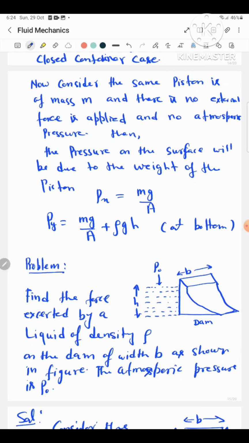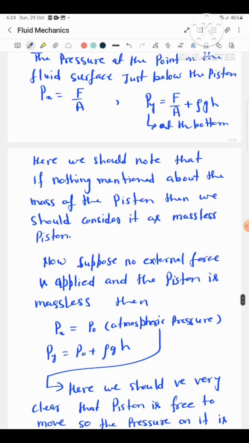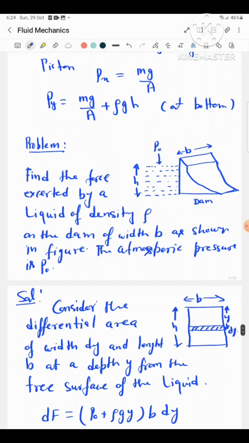So pressure at the point x will be mg, mass of the piston, upon the cross-sectional area of the piston, which is also the container's. The cross-sectional area of the piston and container will be equal. So Py will be mg upon A plus rho gh at the bottom of the container. These three different types of situations we have discussed here.